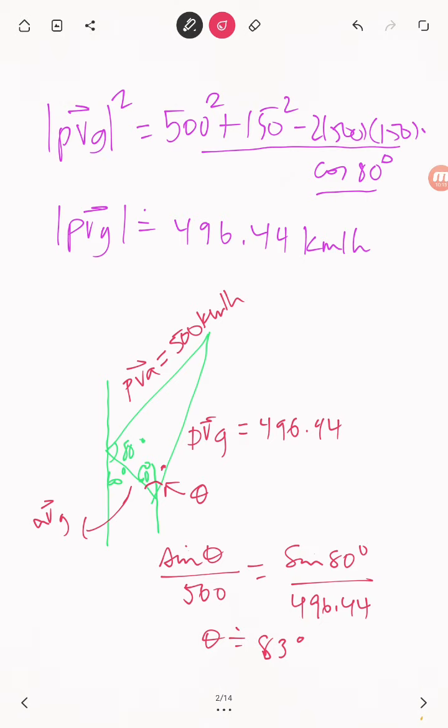We know that the green angle that I drew over here is 60 degrees.